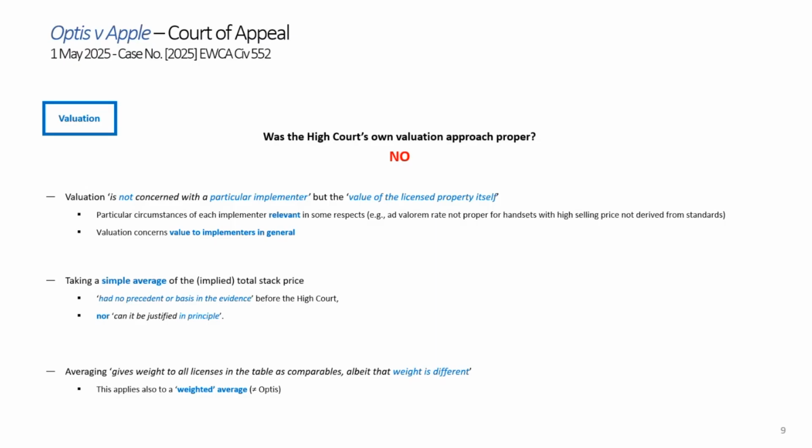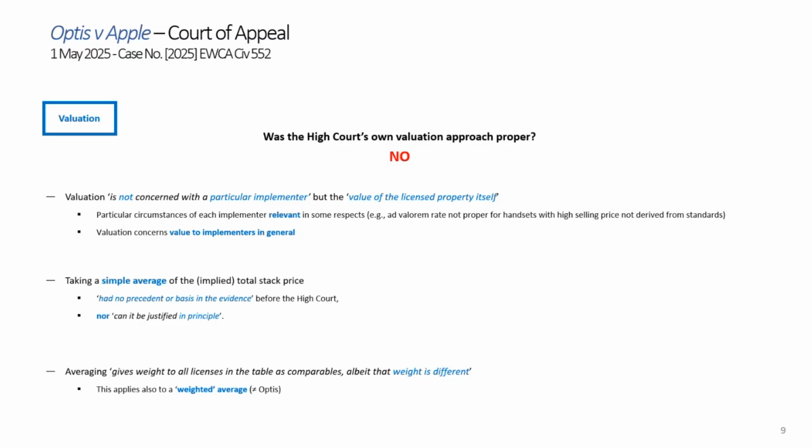I think it started from a more principal question of whether it is true that the valuation exercise should, in the present case here, focus on determining the rate for Apple. And the Court of Appeal said this is not what the valuation is about. It's not concerned with a particular implementer, but with the value of the licensed property itself.